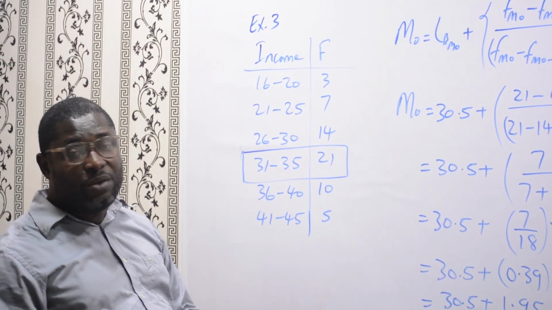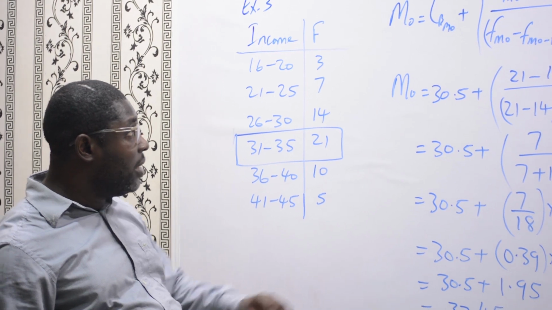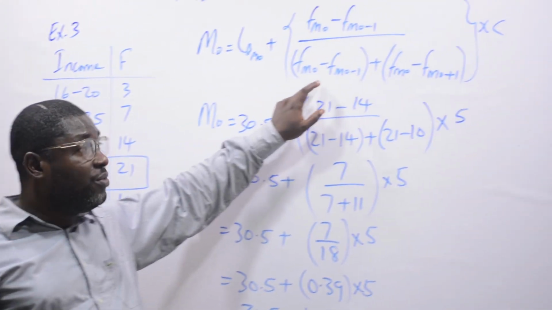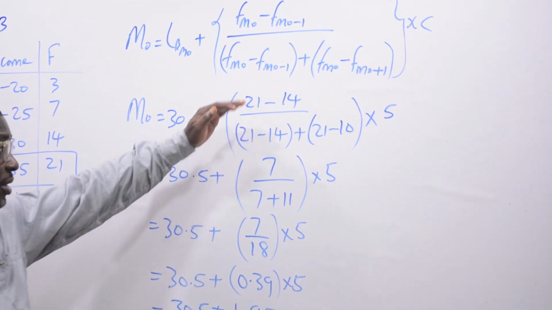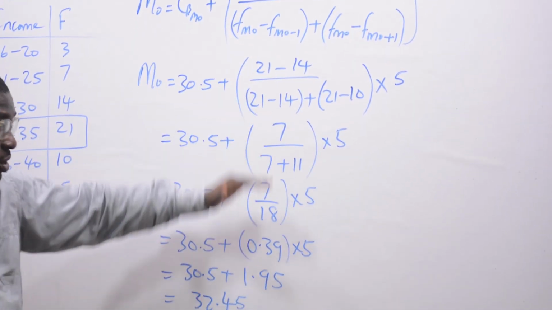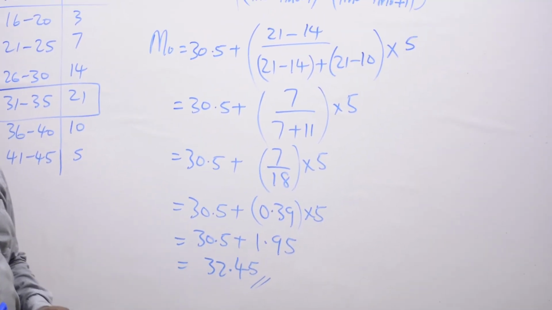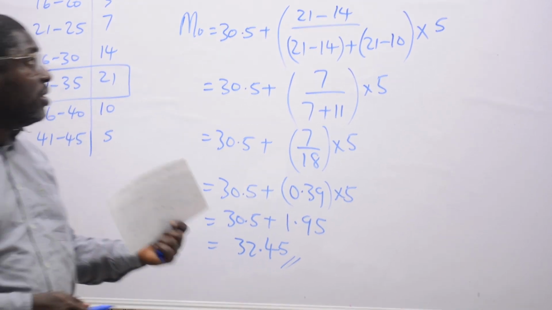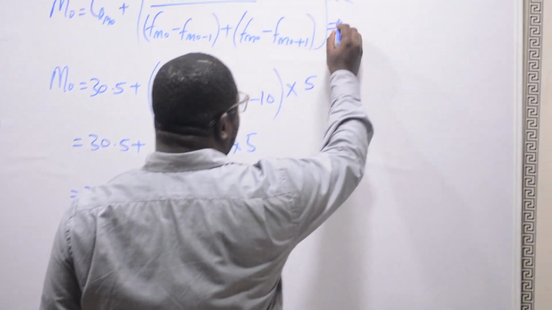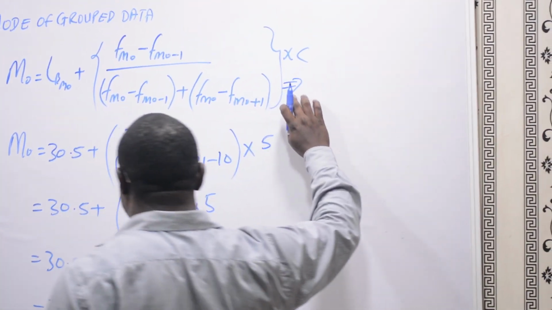A small assignment for you. I want you to try the alternative formula for this, to see whether you get 32.45. All you need to do is to change this part.